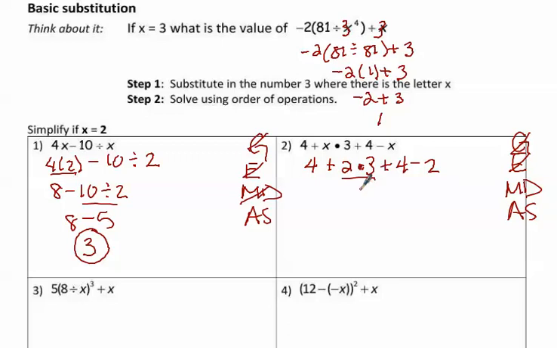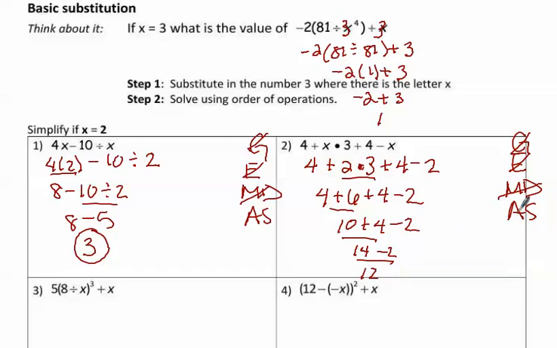First thing, I'm going to say 2 times 3, which is 6. Now I'm going to add and subtract from left to right. 4 plus 6 is 10. 10 plus 4 is 14. 14 minus 2 is 12.